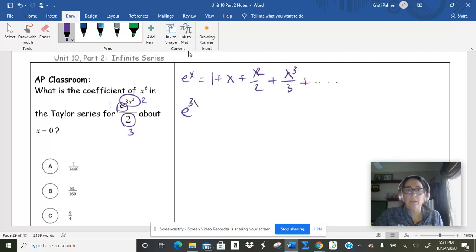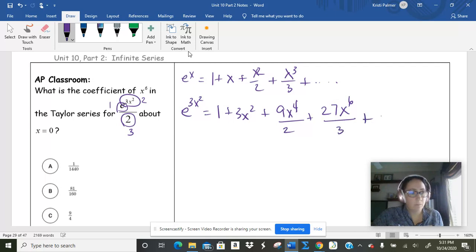And then we're going to go plug in that 3x squared. Okay, and then we're going to go divide through by 2.